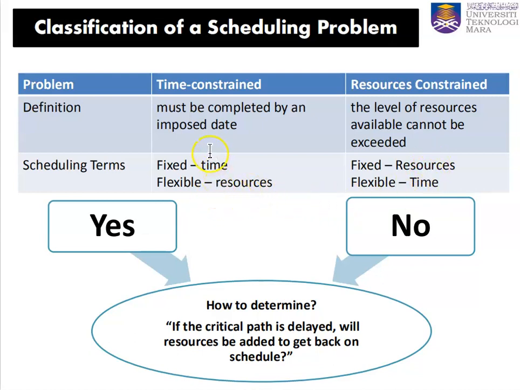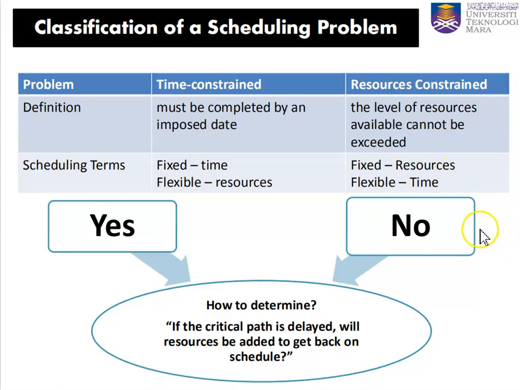Time constraint means that the project should be completed by the time given. The time is fixed, but resources can be somewhat flexible. While the resource constraint scheduling problem will have a limited level of resources, but flexible time.